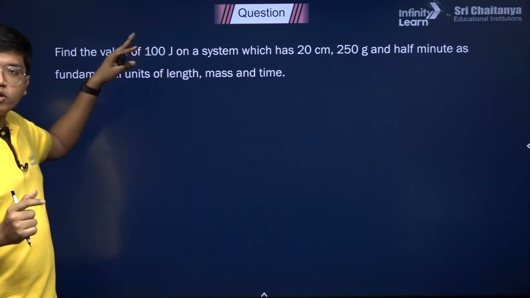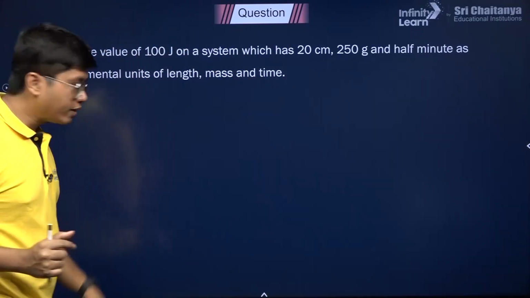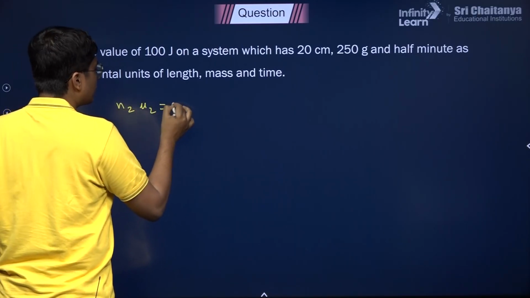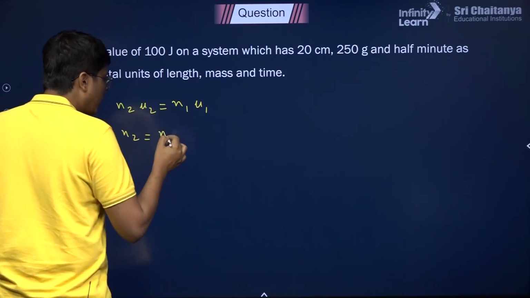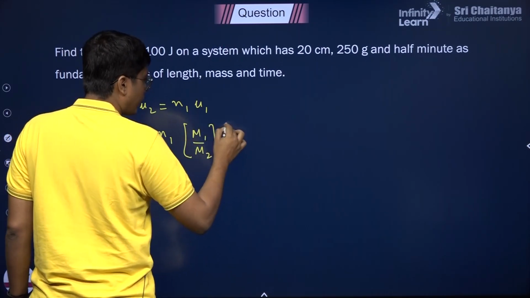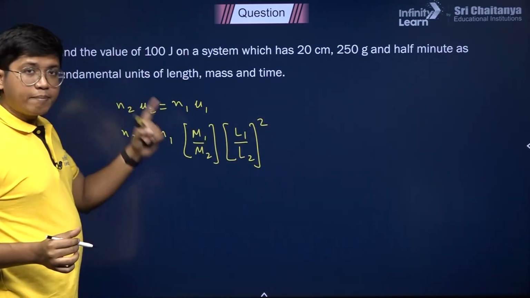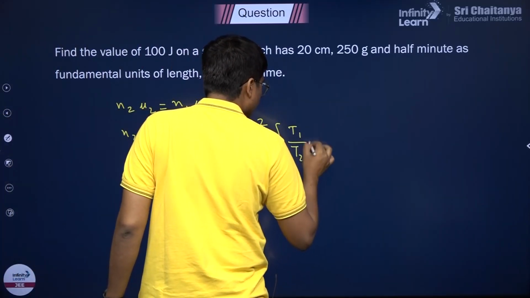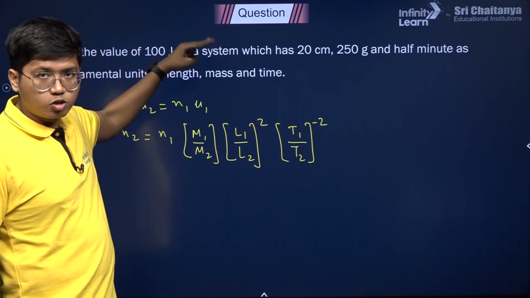Joule is a unit of energy, which is ML^2T^-2. So we know N2U2 is equal to N1U1, which means N2 is equal to N1 into M1 by M2, into L1 by L2 to the power 2, and T1 by T2 raised to the power minus 2, because that is the dimensional formula for energy, which is joule here.